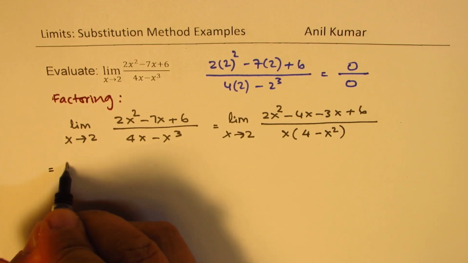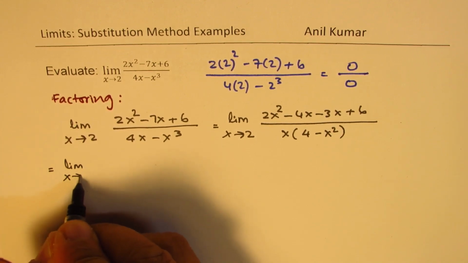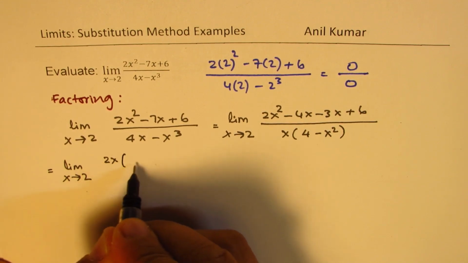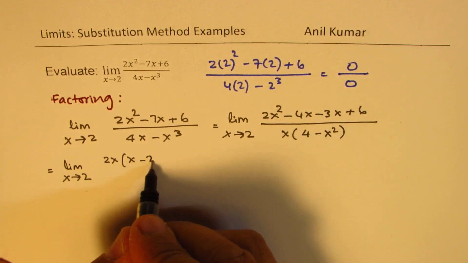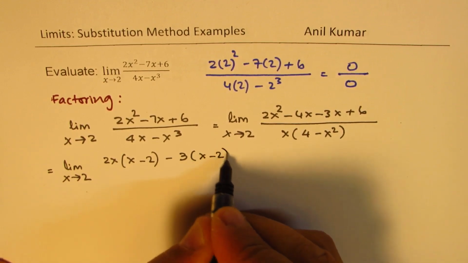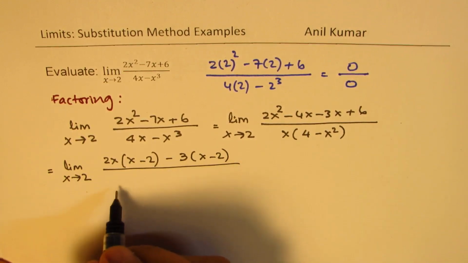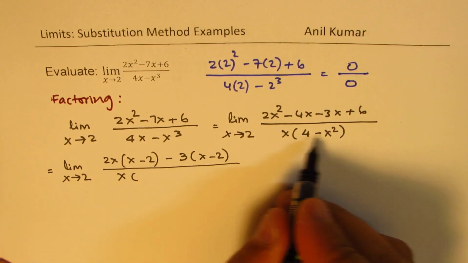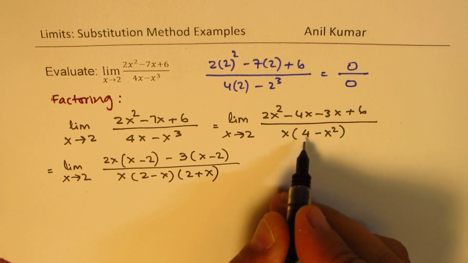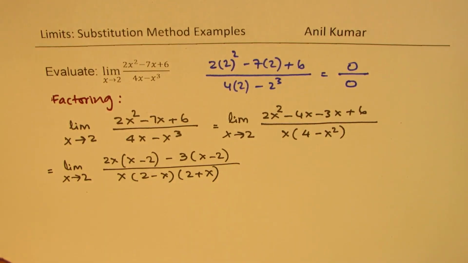So that will give us limit x approaches 2. You can take 2x common, and we get x minus 2. And here we could take 3 common, and we get x minus 2. And the denominator, we have x times 2 minus x times 2 plus x, correct? It is 4 minus x squared, right?